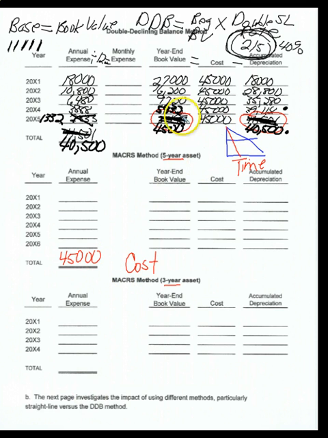So anyhow, we're just going to take cost times the rate, and that will give us our depreciation expense that we get to deduct for tax purposes. So we're going to start with $45,000, and we'll take it times the rate. So I want you to turn to, I think page 615 of your textbooks, which will show the rates.